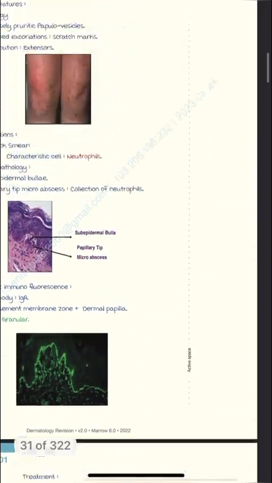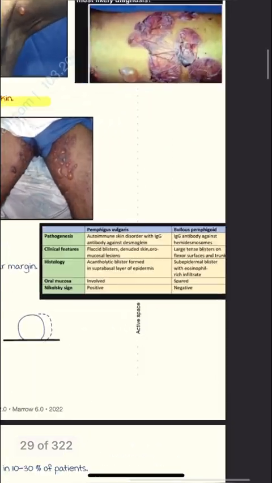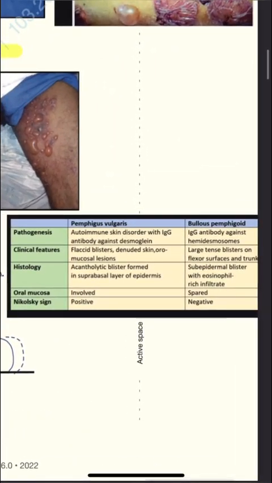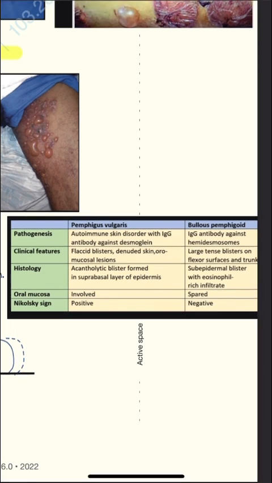Now let us see the difference between pemphigus and bullous pemphigoid. Pathogenesis: pemphigus vulgaris is an autoimmune skin disorder with IgG antibody against desmoglein; in bullous pemphigoid, it is against hemidesmosomes. Clinical features of pemphigus vulgaris include flaccid blisters, denuded skin, and oromucosal lesions, but in bullous pemphigoid, it is large, dense blisters on flexor surfaces and trunk.